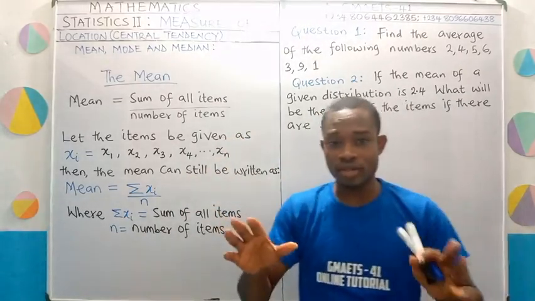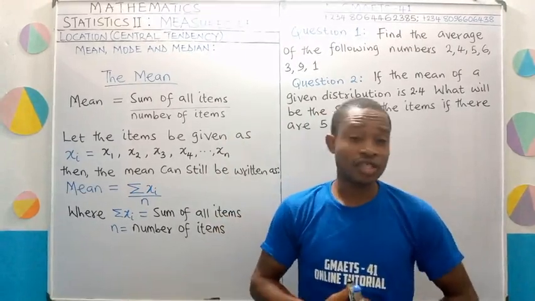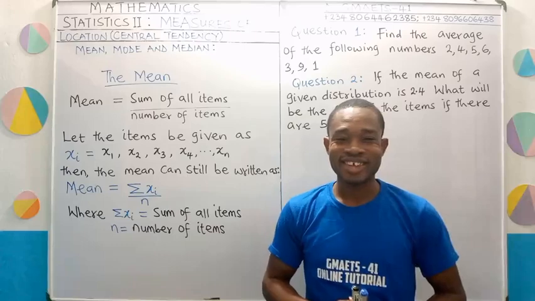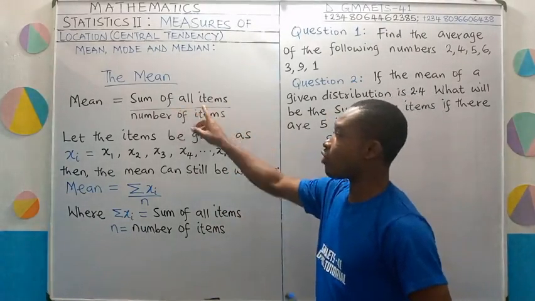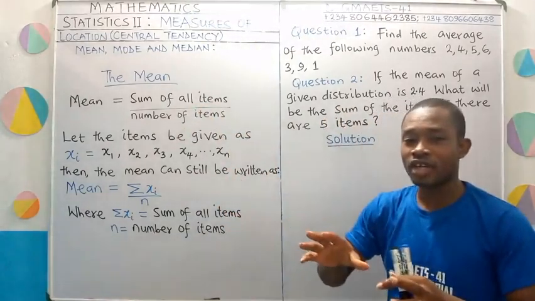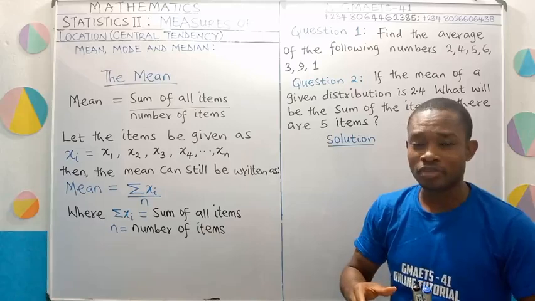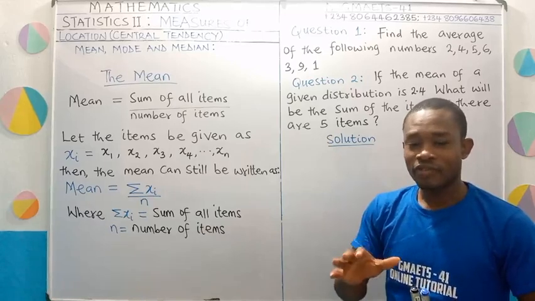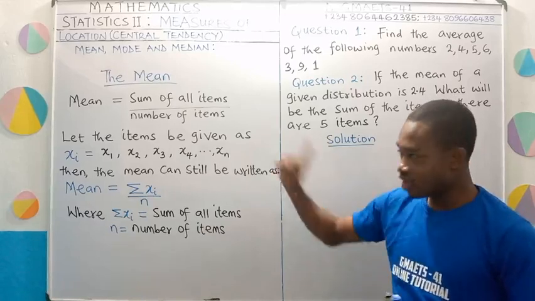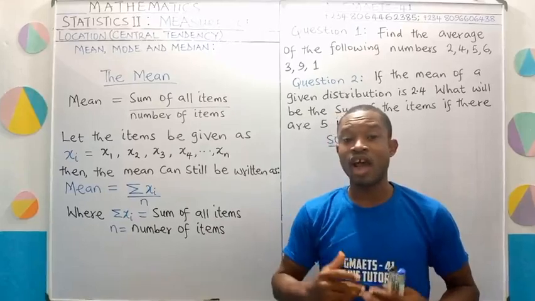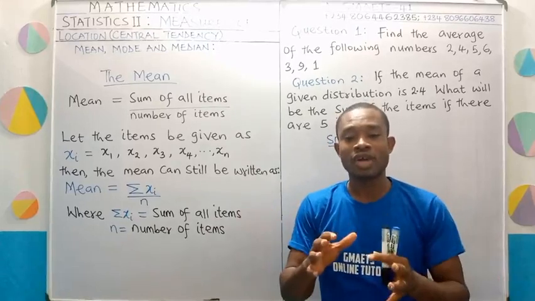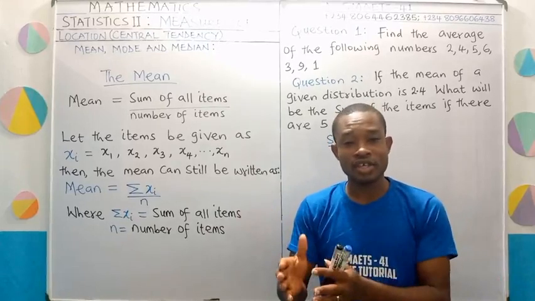There are two ways I have written this formula on the board. The first one: mean is equal to sum of all items divided by the number of items. In our previous class, I gave an introduction to mean because we define mean as the average of the sum of all the items in a given distribution.